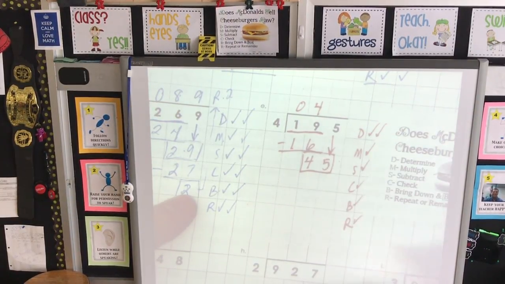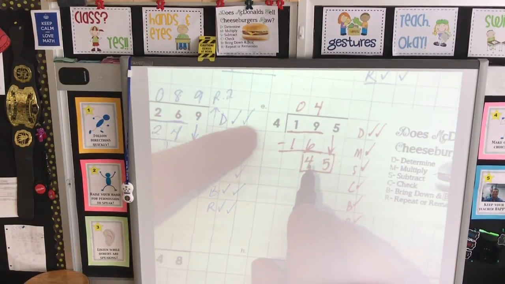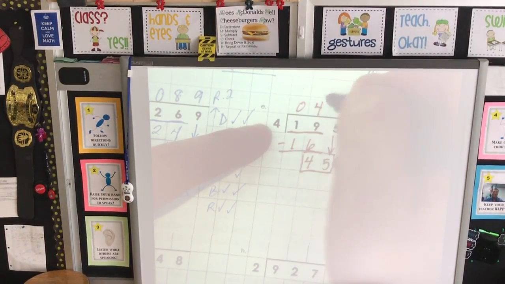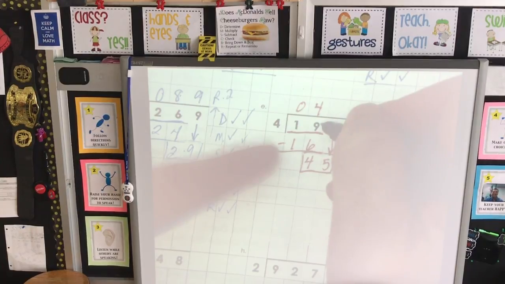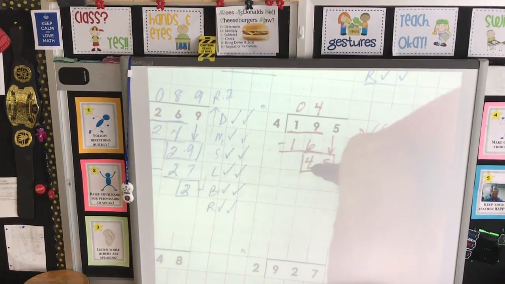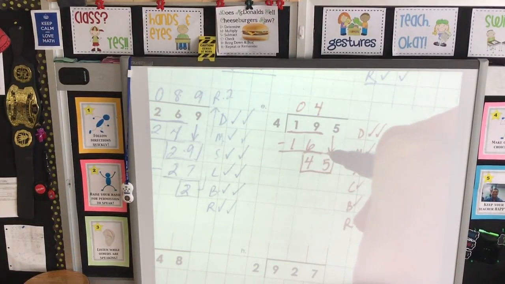Oh, hold on. Is the king happy? No. The king wasn't happy. Interesting. 4 times 4 is 16. 9 minus 6. 9, 8, 7, 6, 5, 4.